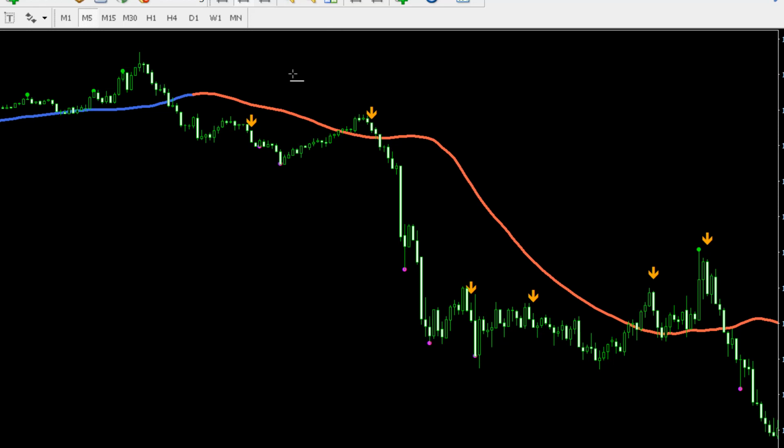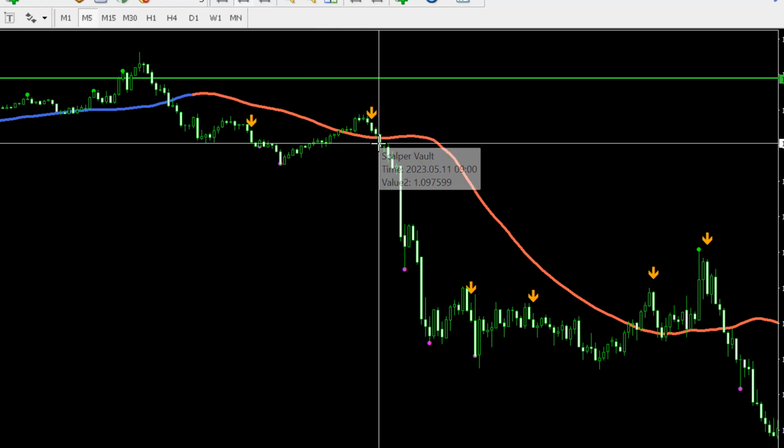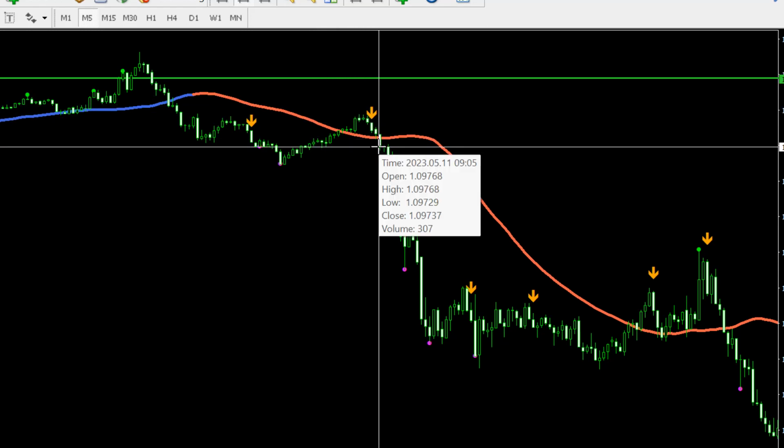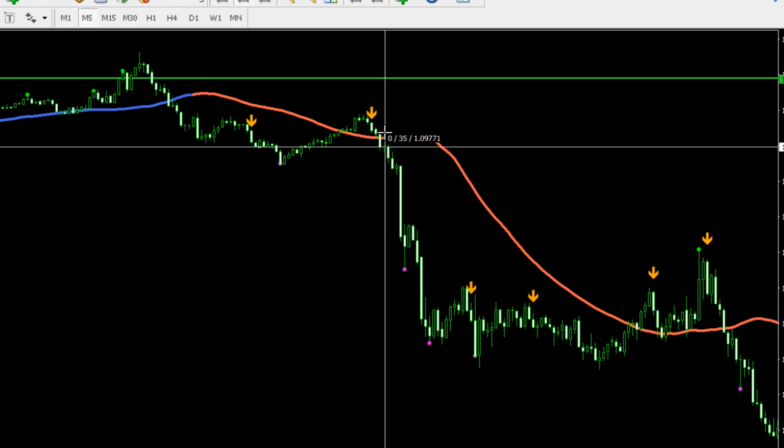Stop loss should be, I will put the stop loss here. It should not go beyond 35 pips. If this is my entry point, I'll measure this. This is just 17.3 pips. Or if you are conservative, you can put your stop loss above the latest swing high to be safe.